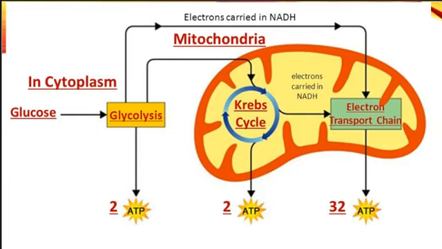We end up making 2 adenosine triphosphates, 2 ATPs. Then it takes whatever the products are and adds it into the Krebs cycle. Make 2 more ATP, sends it over to the magic spot, the electron transport chain, 32 ATPs. So that's 32, 33, 34, 35, 36.